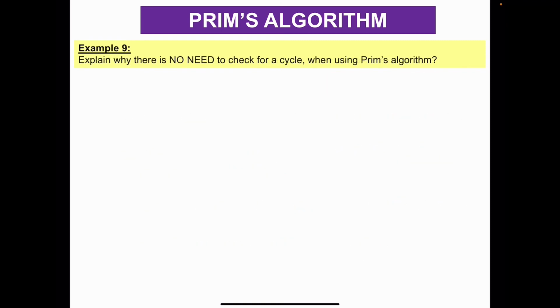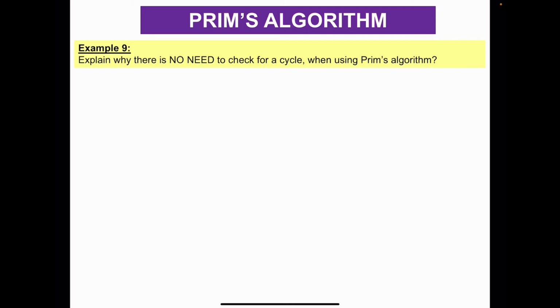In example 9, as I mentioned, some of you might have already wondered why there is no need to check for a cycle when using Prim's algorithm. When you think about it, you are always adding a vertex that is not in the tree yet, because you're always adding the nearest possible vertex that is not connected in the tree.